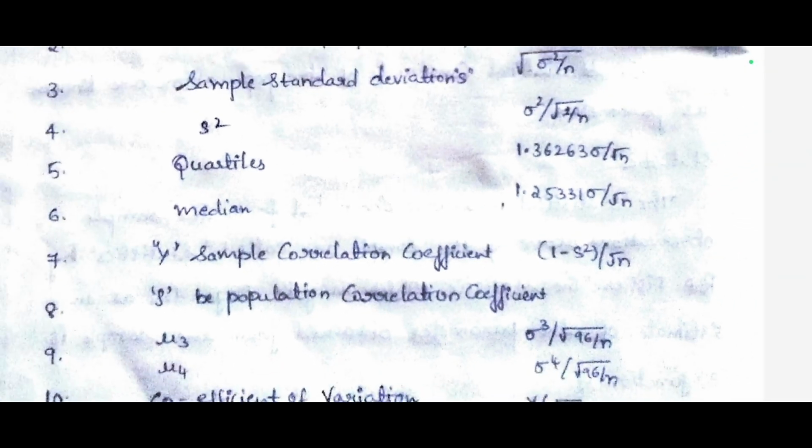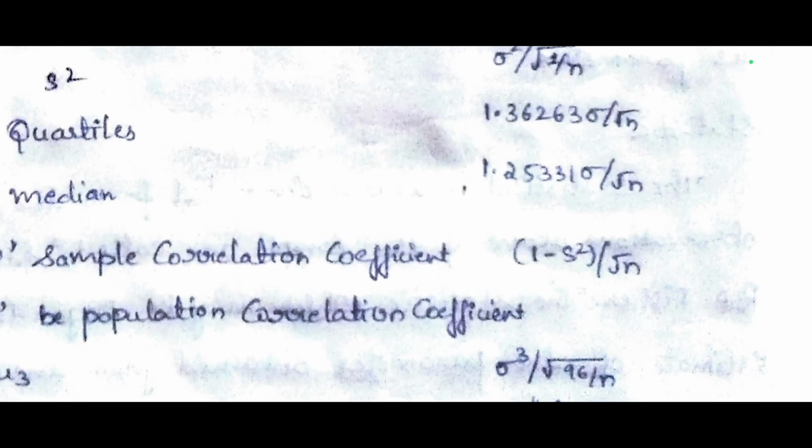Next, the sample correlation coefficient, 1 minus rho square divided by under root of n, where rho is the sample correlation coefficient. Here the symbol is written as rho.